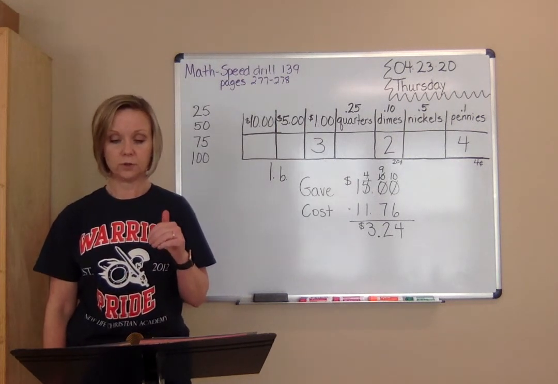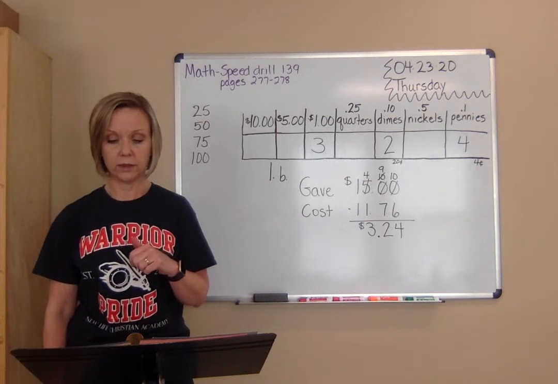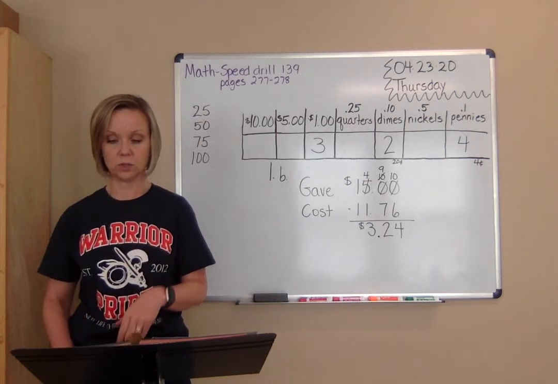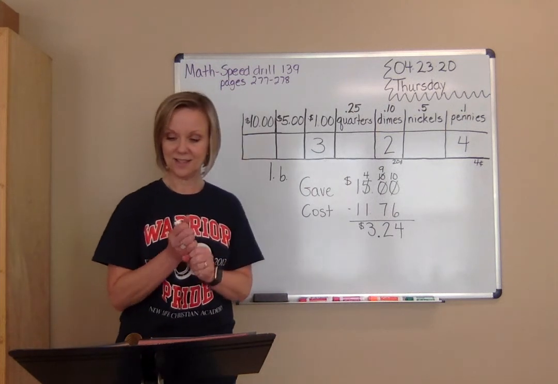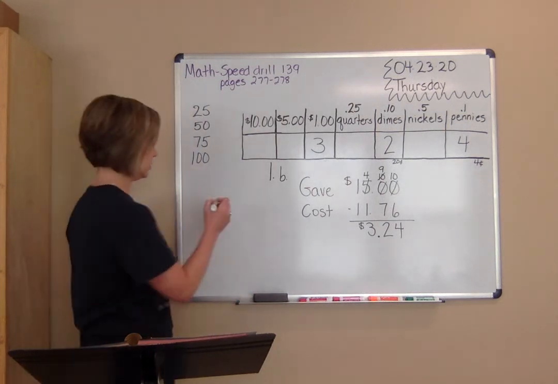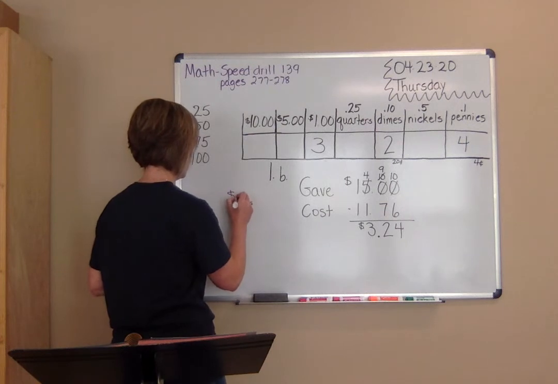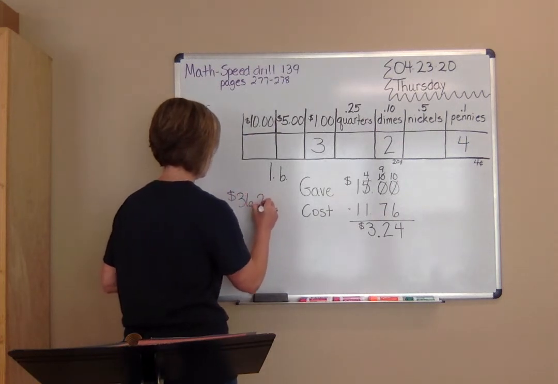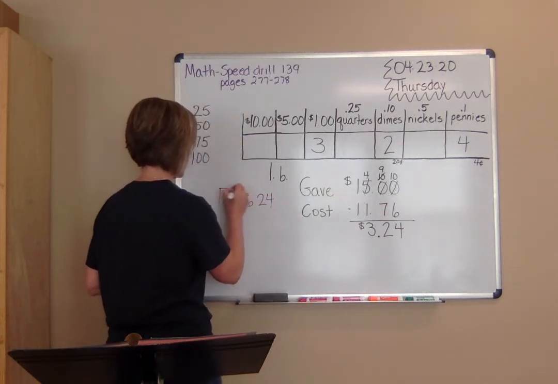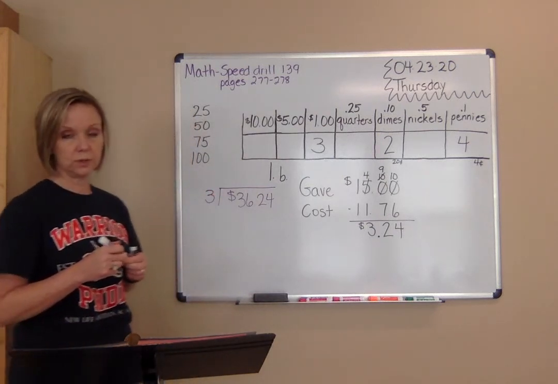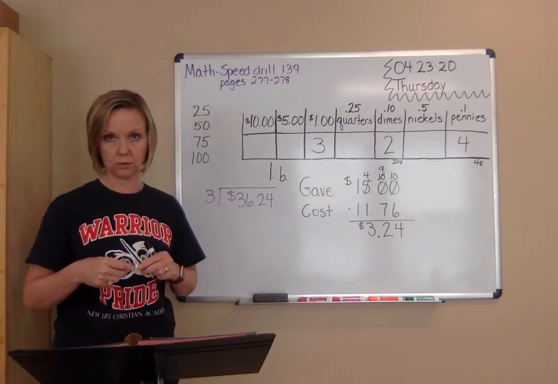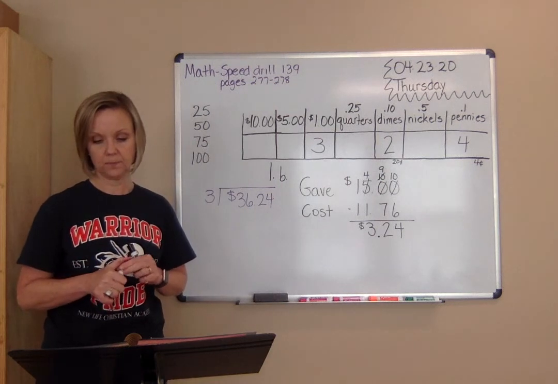So you're going to have to set this up: 1/3 of $36.24. So you're going to take the $36.24 and divide it by 3. Then once you get that amount, you can add them together.